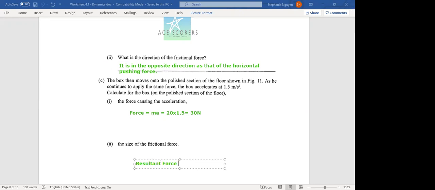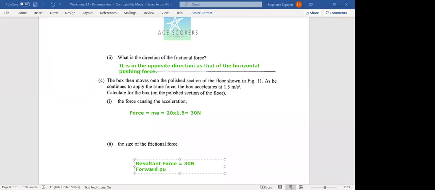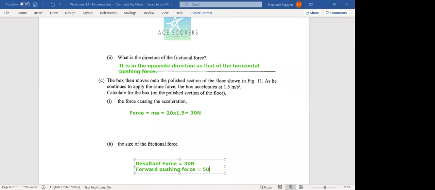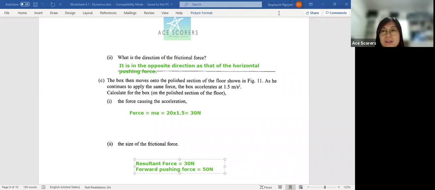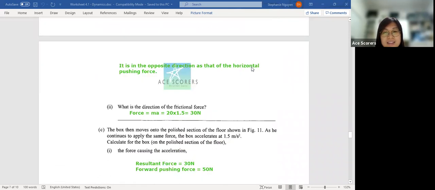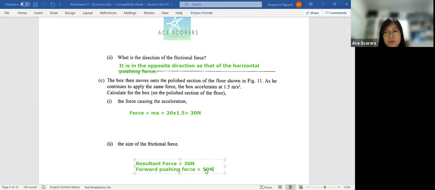Resultant force is equal to 30 Newton, and then your forward pushing force is actually 80 Newton. Sorry, a little noisy. You can still hear me, right? Okay, good. So this is 80 Newton. That's the forward force.